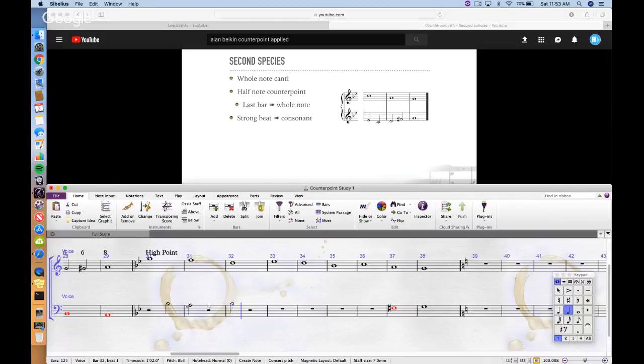So because these are a step apart, I cannot have a passing note or a neighbor tone. So this has to be a consonance, therefore. If these are the same note on strong beats or they're a third apart, I can create a passing or neighbor tone. But they're not. So I have to create another consonance here, which leaves me with an octave, a third.